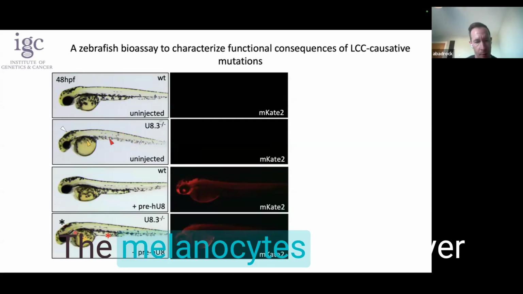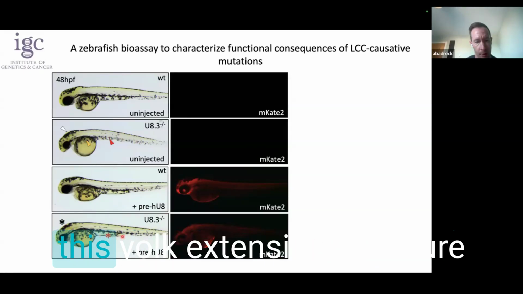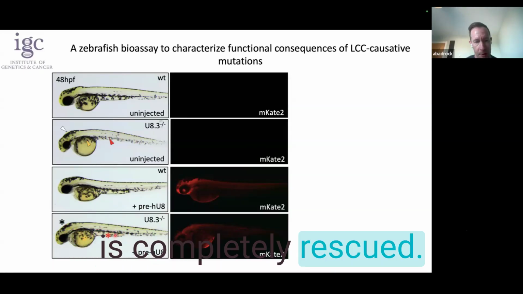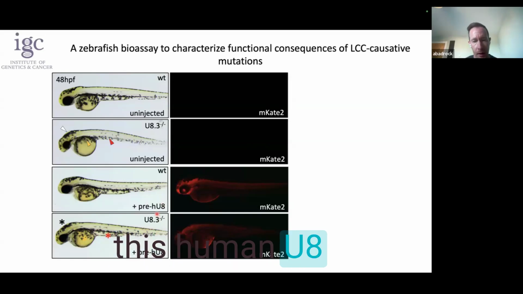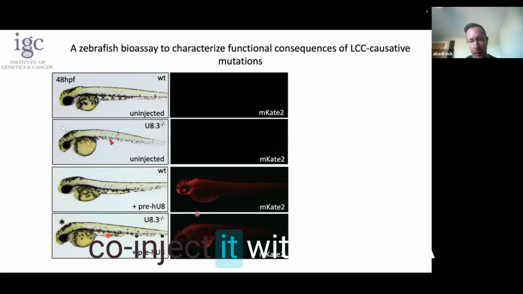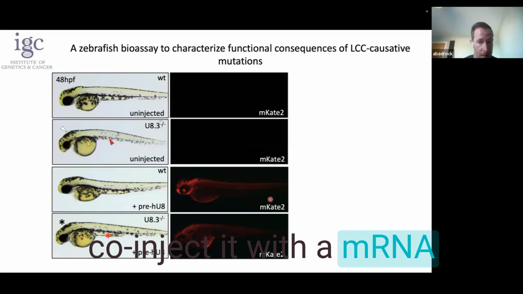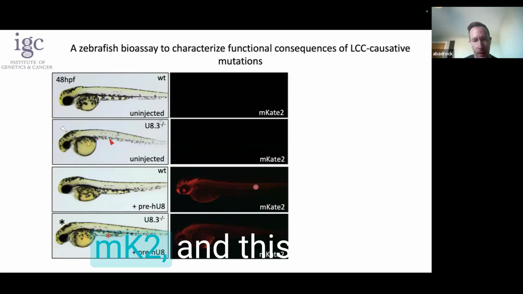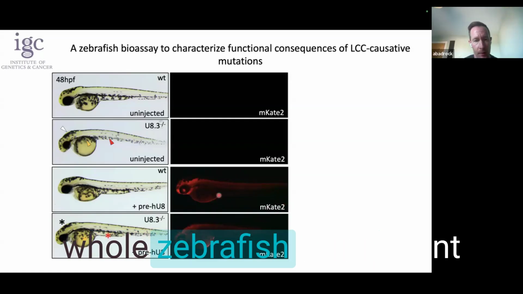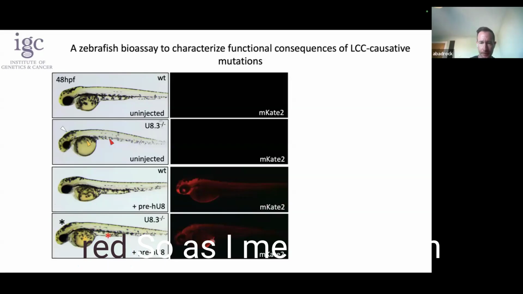The melanocytes move over the yolk, and the yolk extension structure is completely rescued. And to prove that I've successfully injected this human U8, I also co-inject it with an mRNA taken from a fluorescent coral called MK2, and this turns the whole zebrafish fluorescent red.